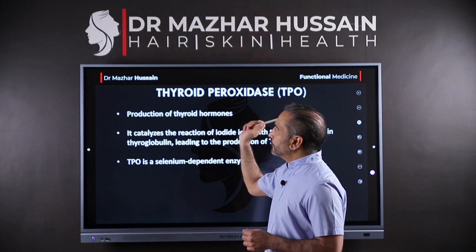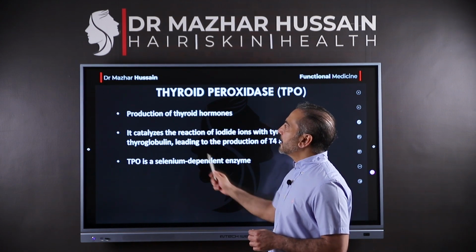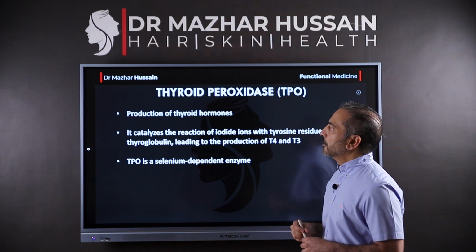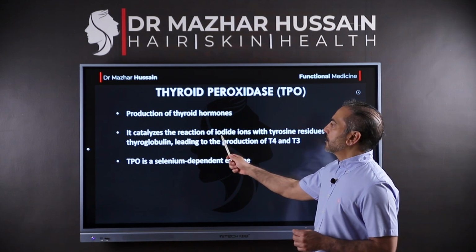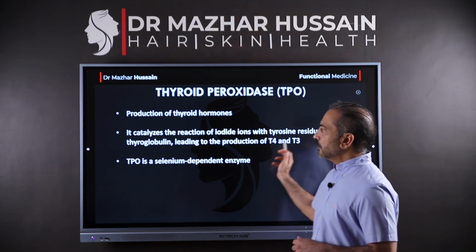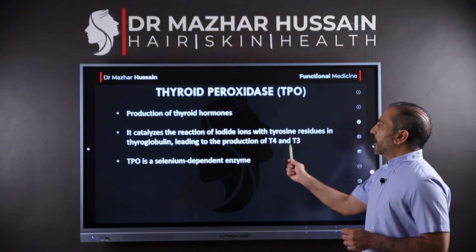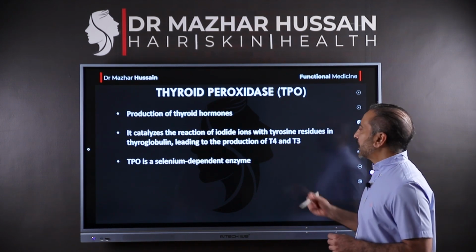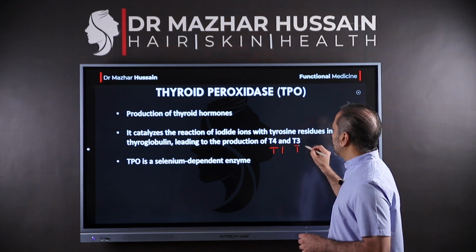So the TPO, as we said, is a selenium dependent enzyme, and it's important for the production of thyroid hormones, and it catalyzes the reaction of iodide with tyrosine, which is sitting on the thyroglobulin molecule, and thereby it produces T4 and T3. Actually, it produces T1 and T2.